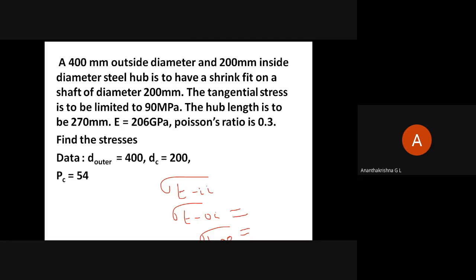Calculate these three once you find out the value of the contact pressure PC. Use those equations and give me the values of these stresses.